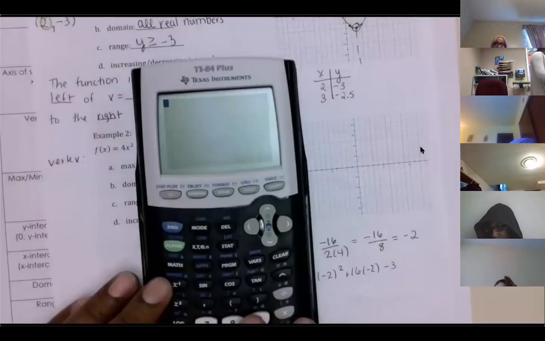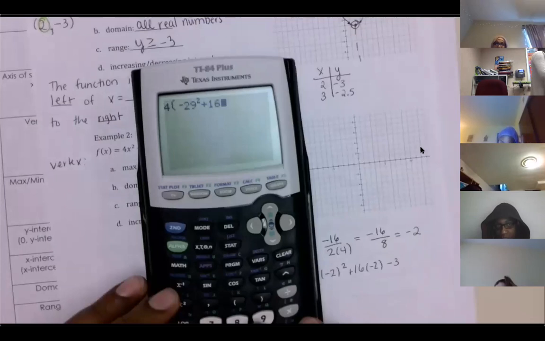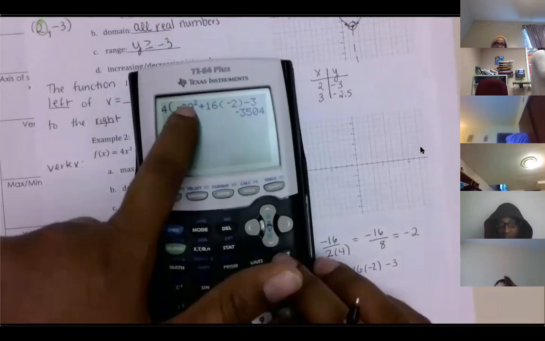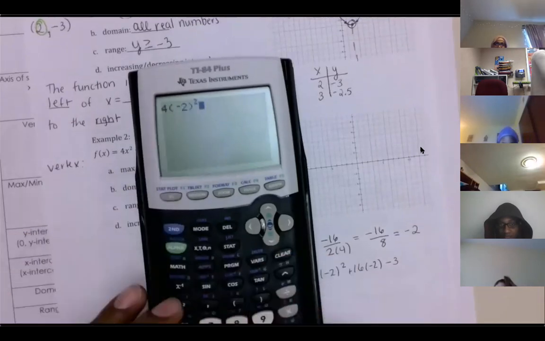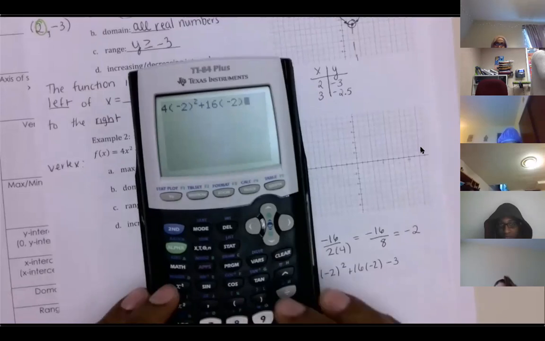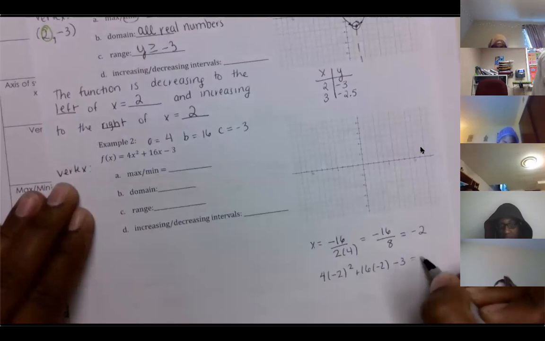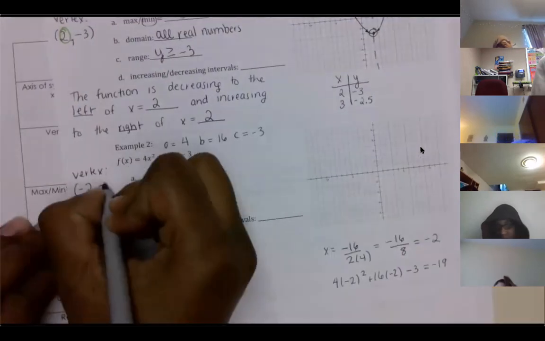Oh, but I put a 9 in there instead of parentheses. I was like, that's too big. Let's try it again. Perfect, -19. All right, so your vertex is at -2, -19.